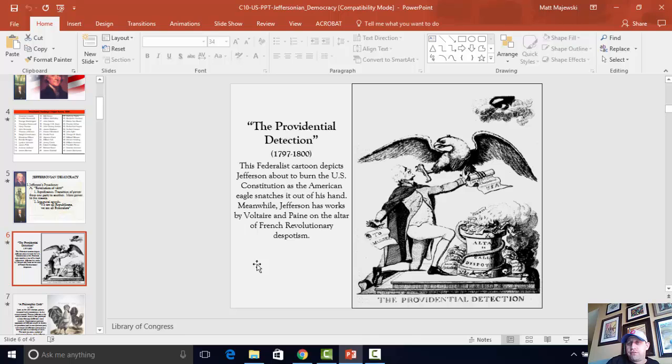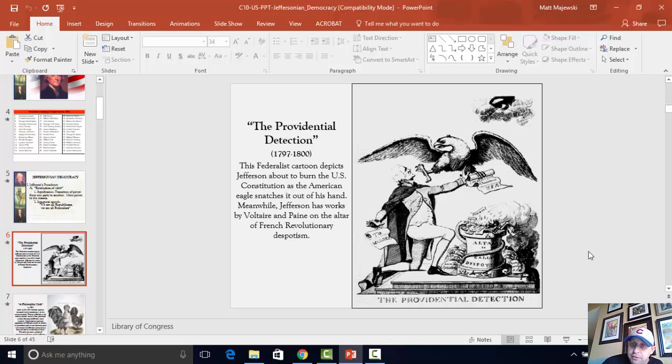Again, a couple of images that are very famous here before we get going that kind of show to you how much strife and disagreement there was in this country. So, this is a Federalist cartoon, and it depicts Jefferson. He's about to burn the U.S. Constitution as the American eagle snatches it out of his hands, right?